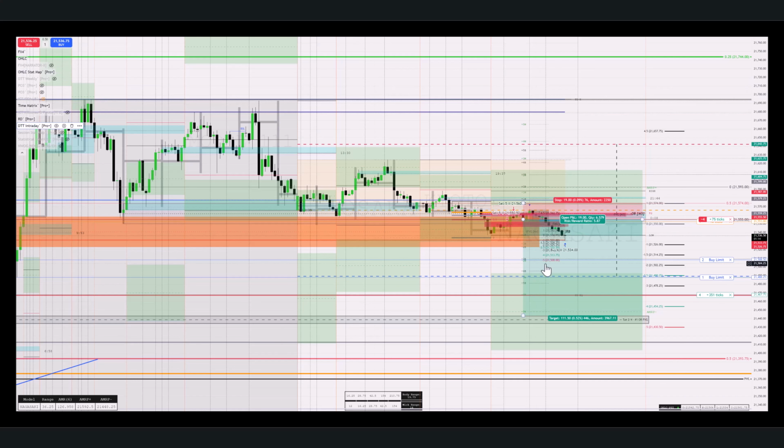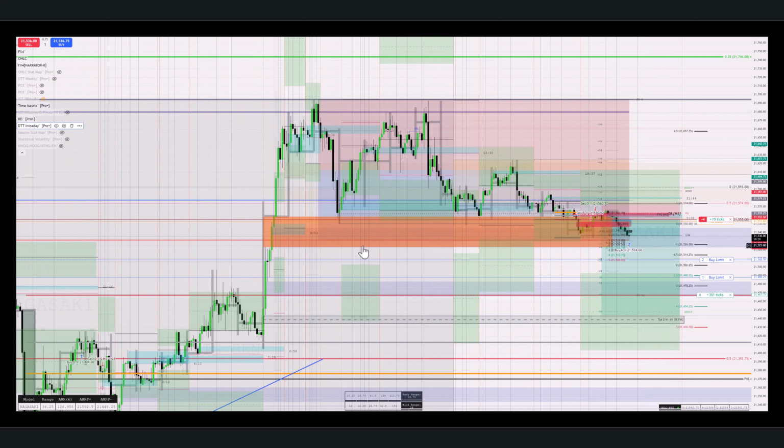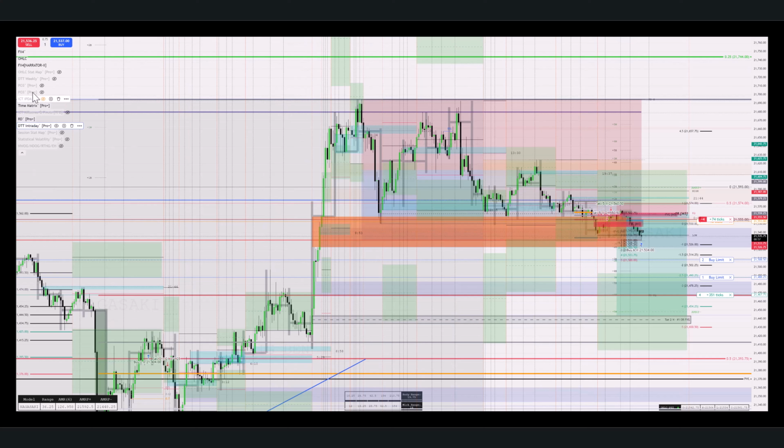In the FX4, we're trading back to previous day's equilibrium, and the narrative is sweet. It's funny how things are lining up. Looking at all these confluences.